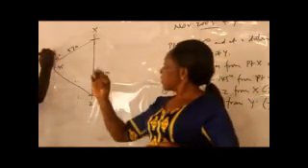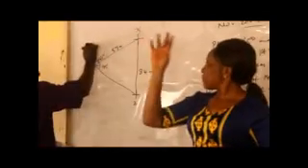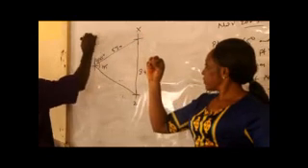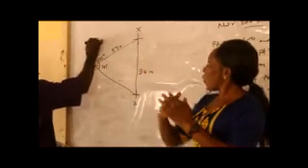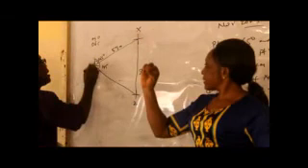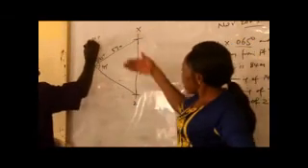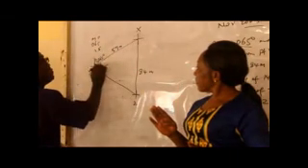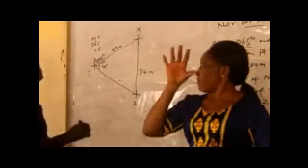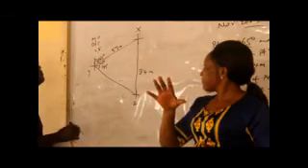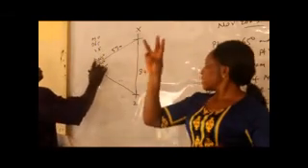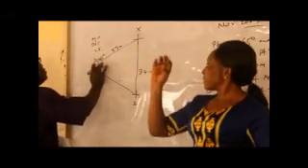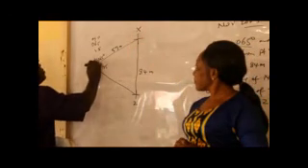Now, if here is 65, the total angle is 90. Therefore, this angle here is 25.